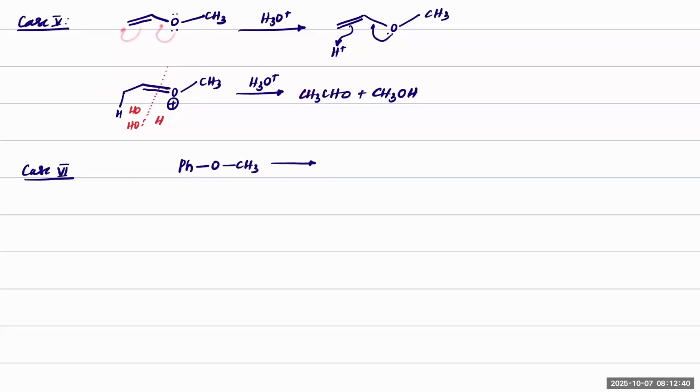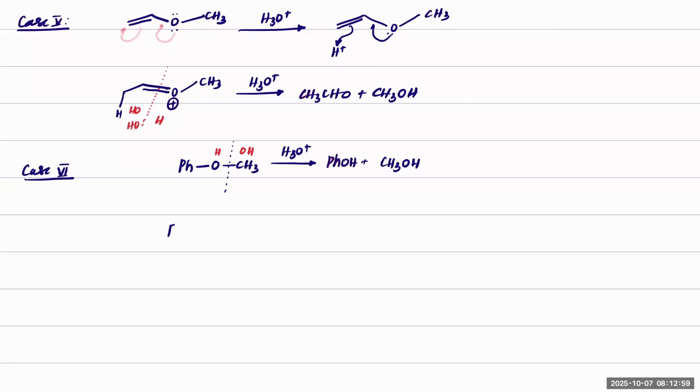Next. Case 6, when you have a phenyl group on one side, so PhOCH3, correct? Whatever be the case here, you will always break on this side only, because the phenyl and oxygen bond cannot be broken. It will have high partial double bond character, so you'll get H here and O here. So we'll always get phenol plus CH3OH. Got it?